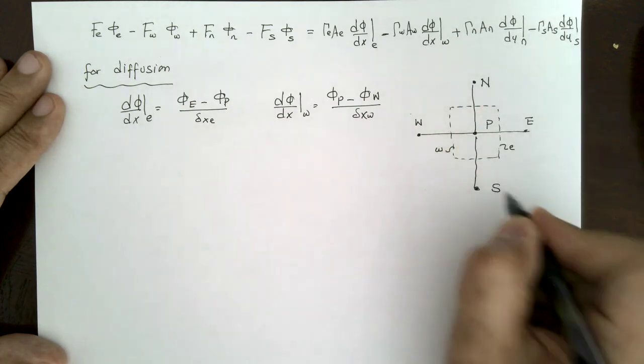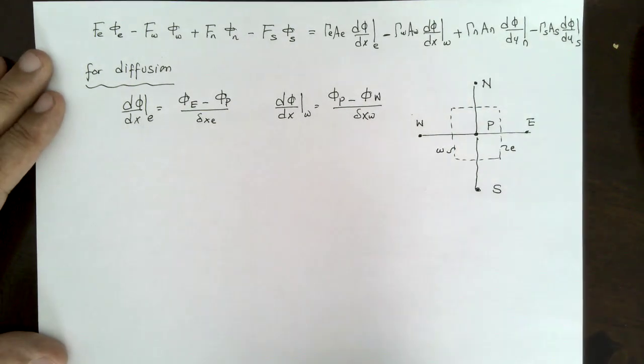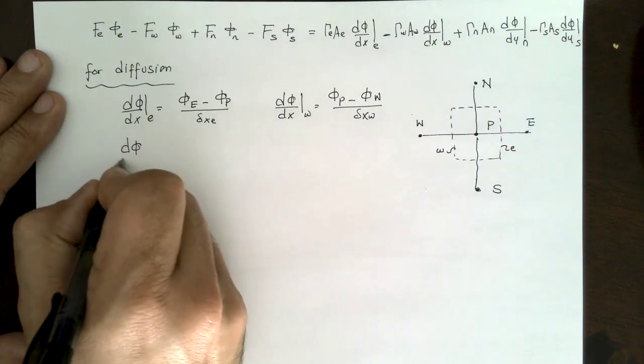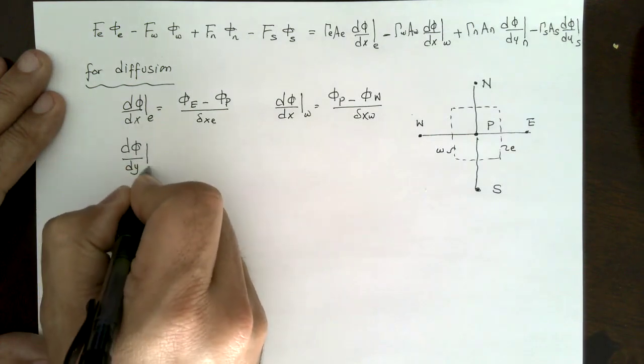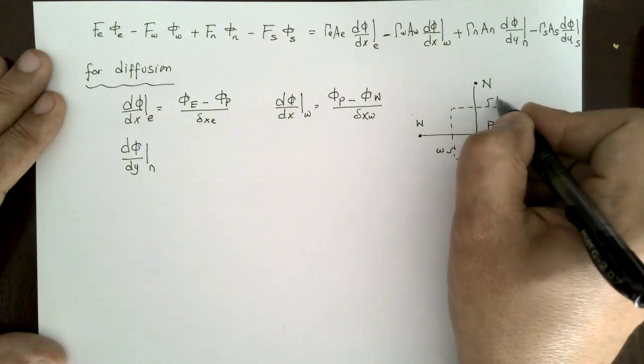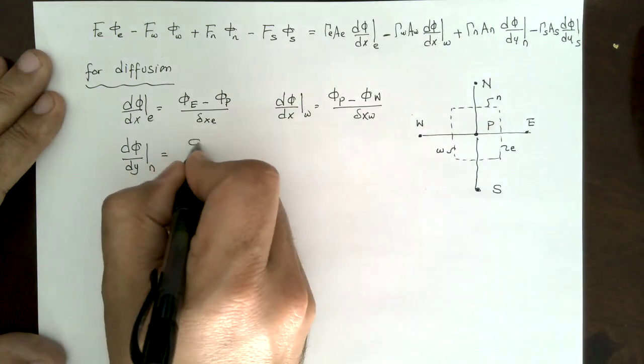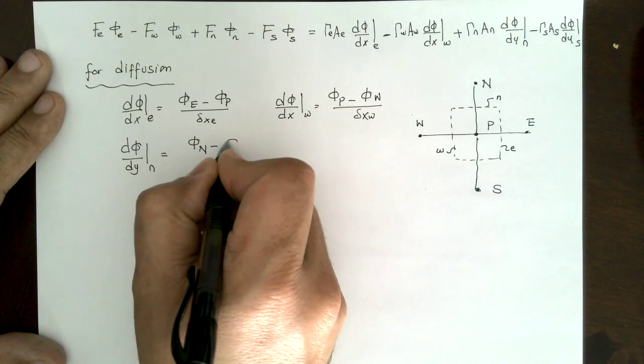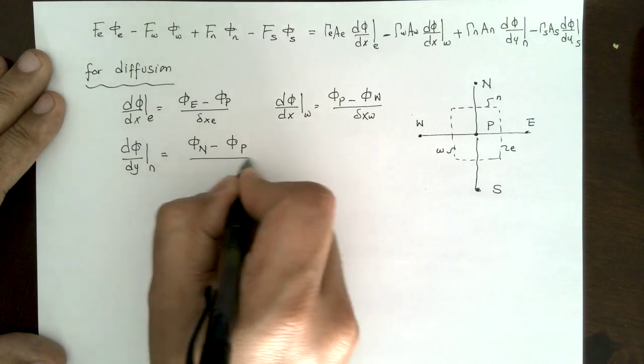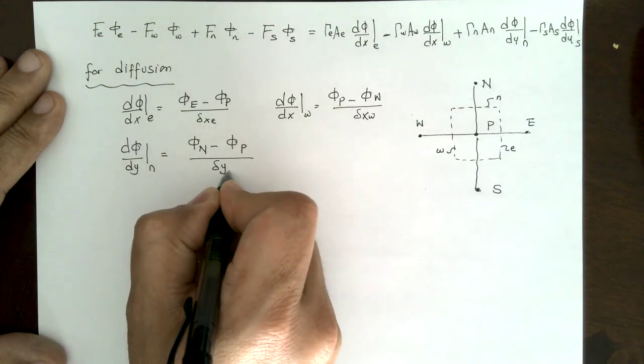North node, south node. So I will have d phi by dy on the north face, which is this face here, can be approximated by phi north minus phi P divided by delta y north.